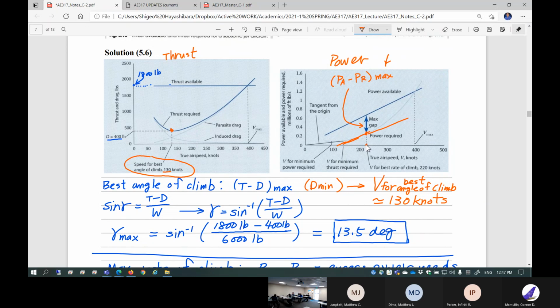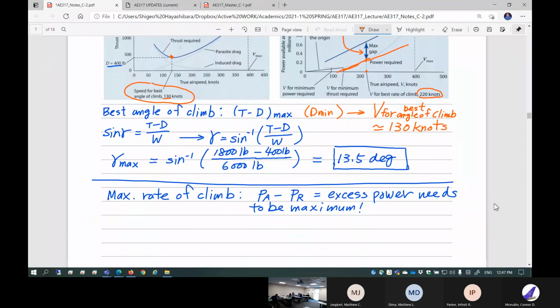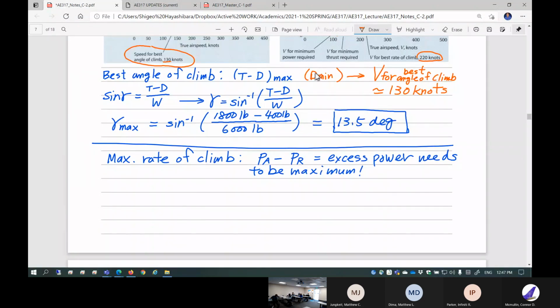What's the value here? Any guess? 219. Something like that, because textbook says 220 knots here. So that corresponds to an airspeed of 220 knots.